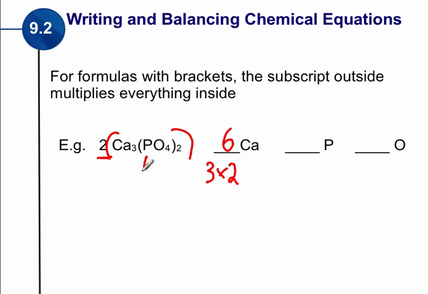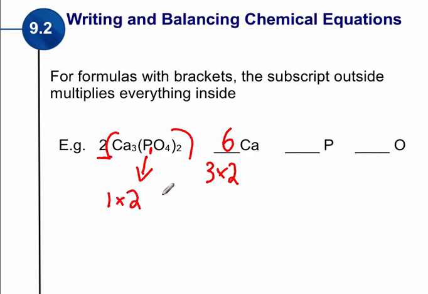Now, when we're looking at phosphorus, the P here, it's a little bit different. On this P, there's an imaginary 1 right here, and we have to concern ourselves with this 1 as well as this 2. So to start, we go 1 times 2.